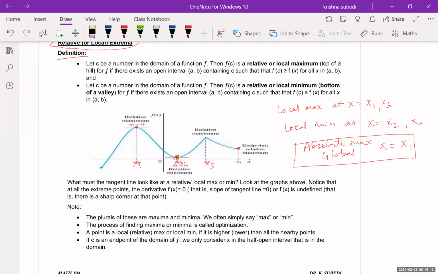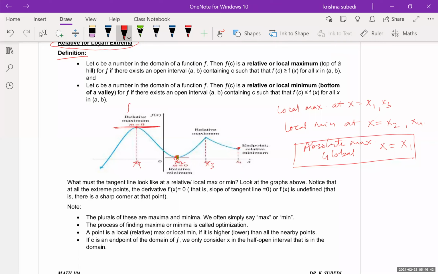So I think if you are given the graph, you can tell where the local minimum and local maximum occur just by looking at it. Let us look at the relationship between the derivative and local minimum and maximum and increasing and decreasing functions and all this stuff. If I draw a tangent line there, you see that the tangent line is horizontal.